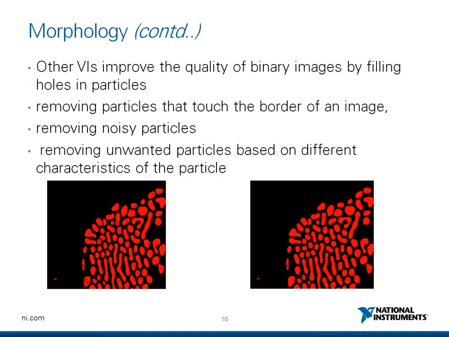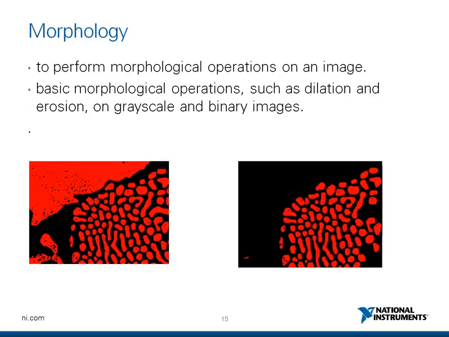Now, there are other ways as well which are used to improve the quality of binary images by filling holes in particles. If you see the previous slide, there are certain border informations which we don't require.